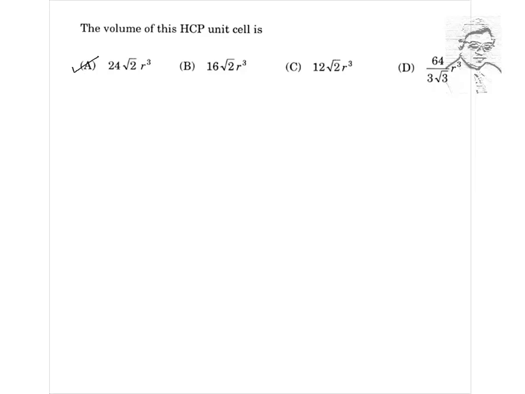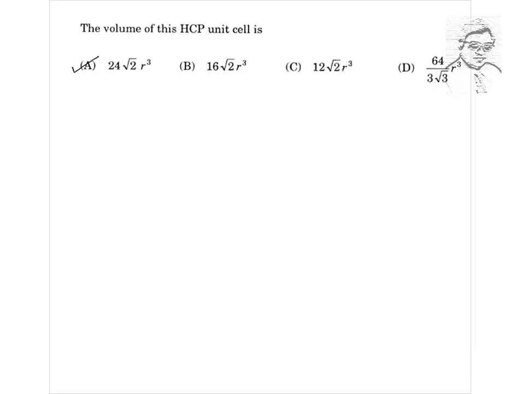We know the volume of all the spheres. Yes, we know that. We know the packing efficiency also. So we can calculate the volume occupied by the hexagon. Yes, that's right, you can do that.